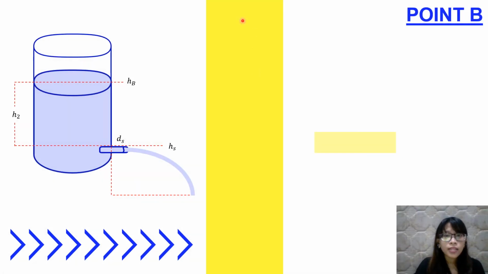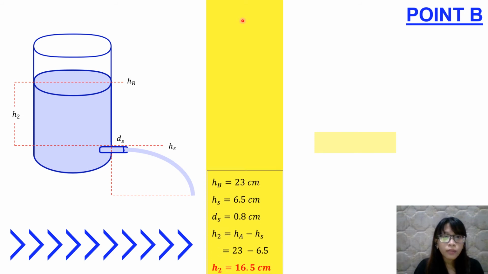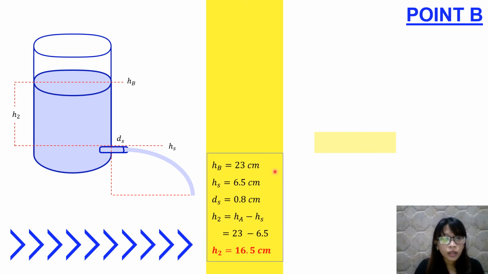Now analysis at point B. Point B is placed 23 centimeter from the bottom, and we know that the edge of the straw is 6.5 centimeter from the bottom.